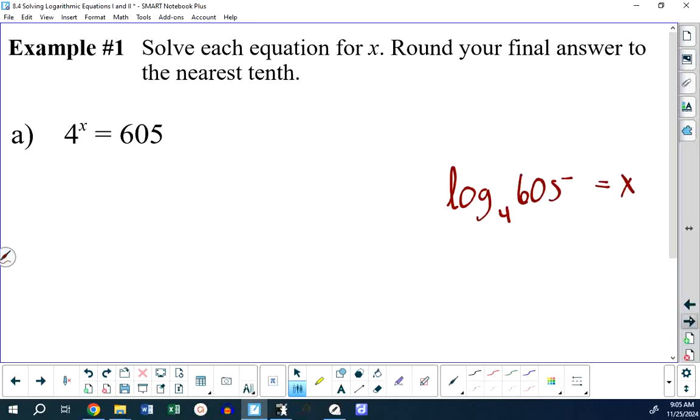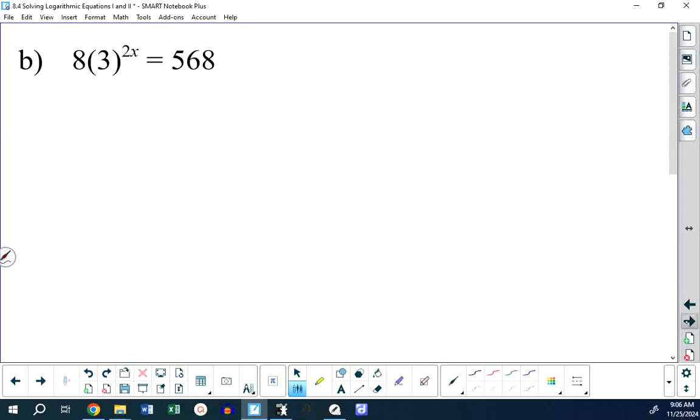Okay? You could do that. And then you could use the change of base formula and say it's log of 605 over log of 4. Right? You could. But I don't want you to, because then if you get in the habit of doing that, you can't necessarily do that here, and you certainly can't do it here or here.